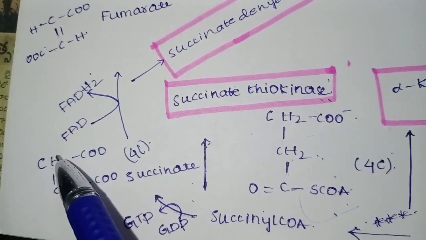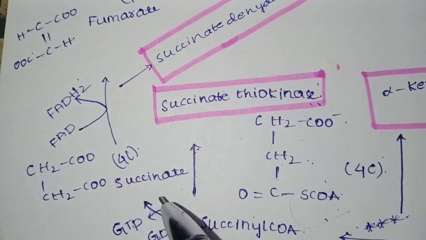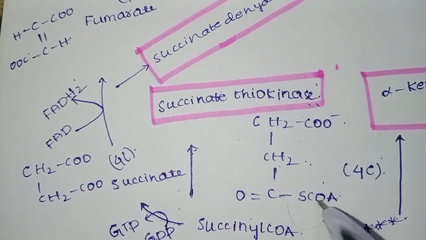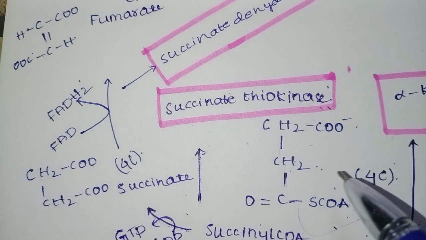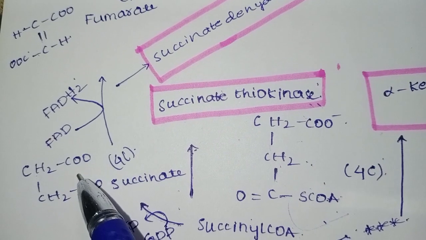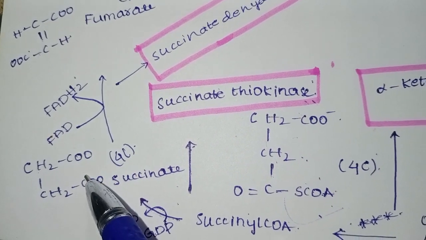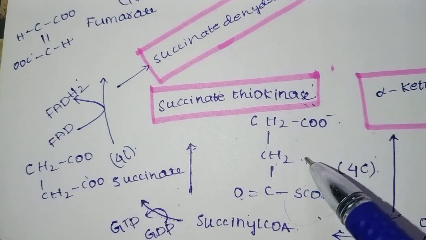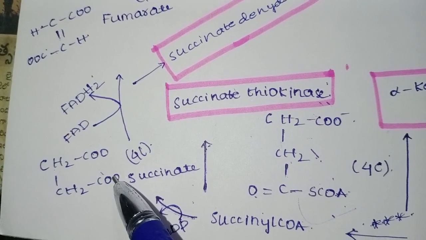And here see the 4-membered compound CH2, and again remember CoA is removed. Okay, the CoA is removed and completely the succinyl CoA is removed, and it became the 4-membered compound, that is 1 2 3 4. Okay, so shift this to here and this is easy to you.